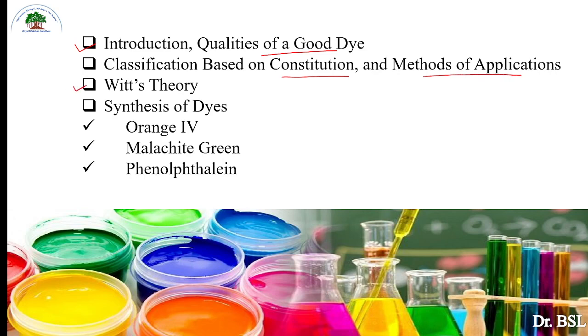Then we will see Witt's theory and synthesis of these three dyes, that is orange fourth, malachite green, and phenolphthalein. This is the syllabus of this chapter, synthetic dyes. So let us start with the introduction.